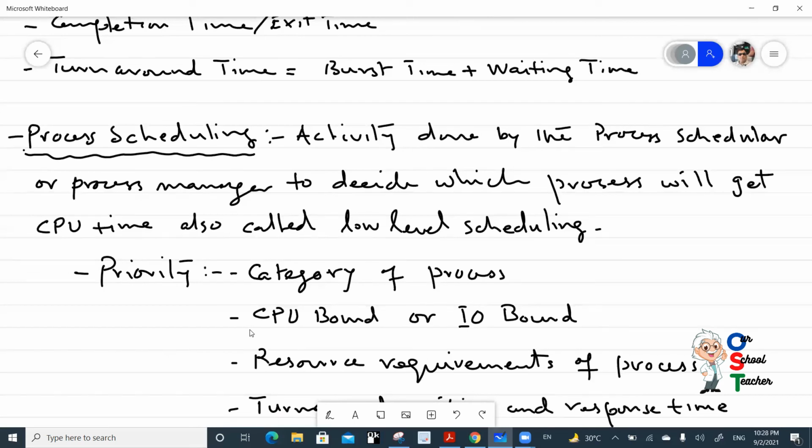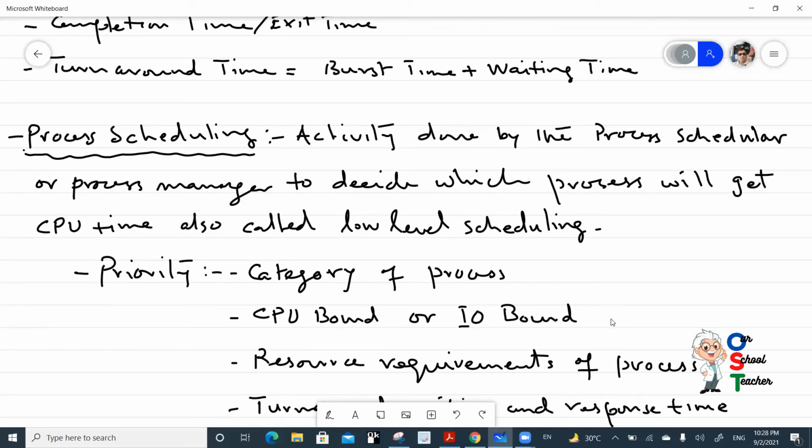Similarly, it also depends on whether the process is CPU bound, meaning most of the time it requires mostly CPU time, or it is IO bound, meaning it has some computation which requires mostly IOs, input output devices.